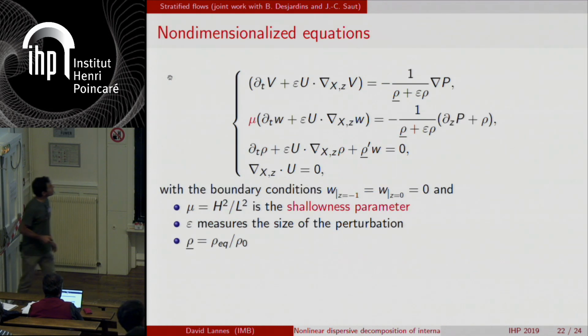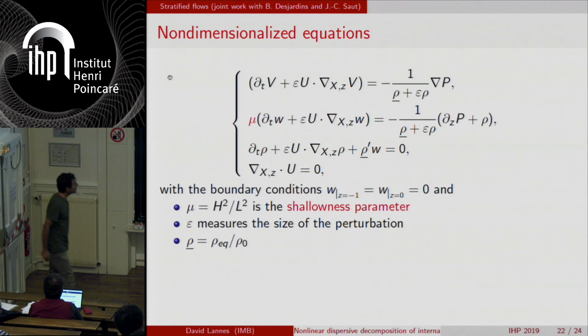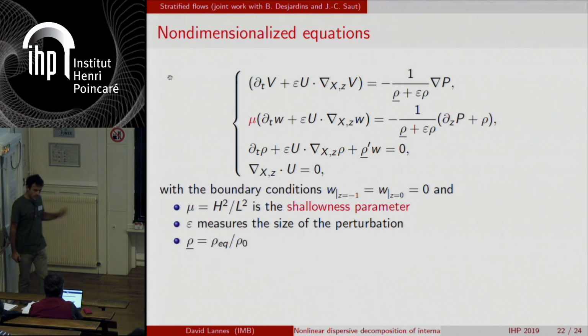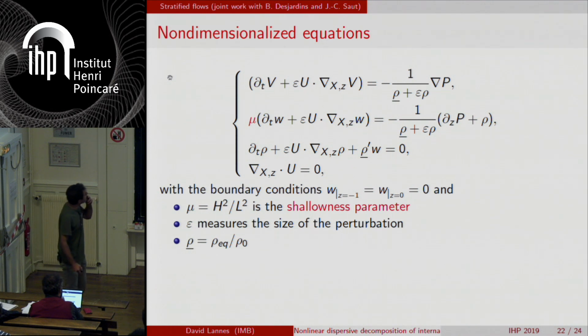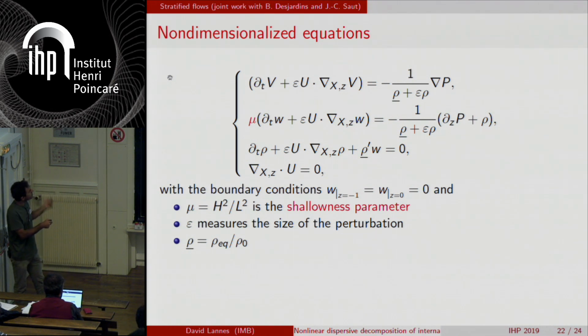Okay, and so maybe just one last word. What happens if you want to understand the effect of nonlinearity? In this case, I will look at n constant because it's already complicated enough. And I will look at the shallow water regime where I work in dimensionless variables. The influence will be to have this small coefficient mu in front here.